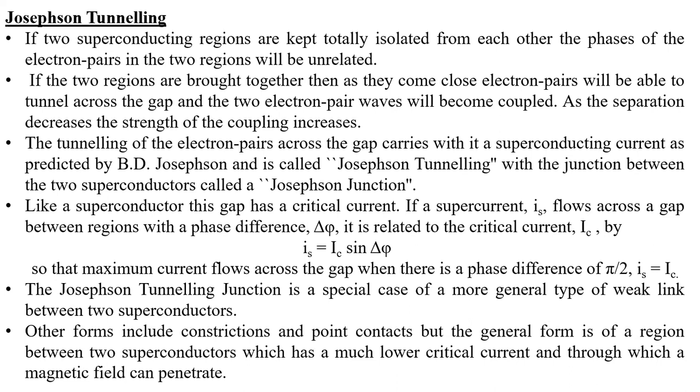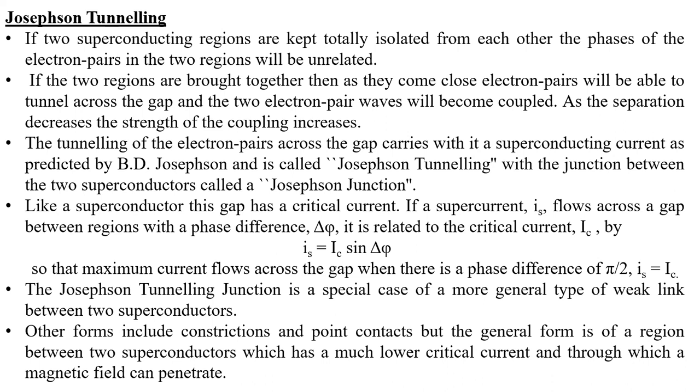As the separation decreases, the strength of the coupling increases. That is, as the distance between the two superconductors, or the thickness of the insulating material isolating them, decreases, certainly the strength of the coupling enhances.